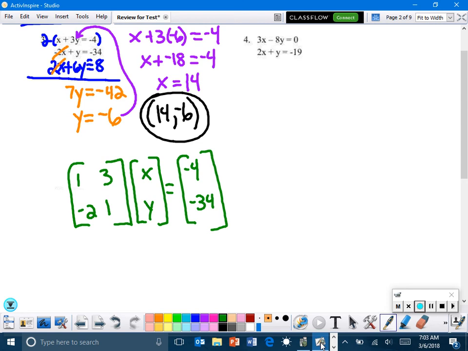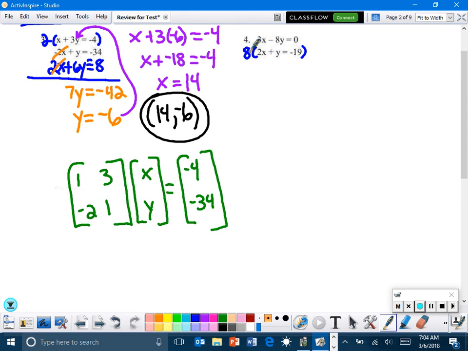Okay, so number 4, I'm going to first do it by hand again. And I notice I've got a negative 8, and this is just a y. So I want this y to become an 8. So I'm going to multiply this bottom equation by 8. Okay?